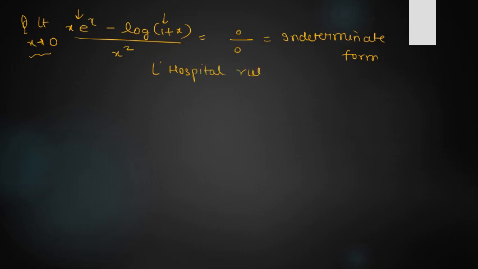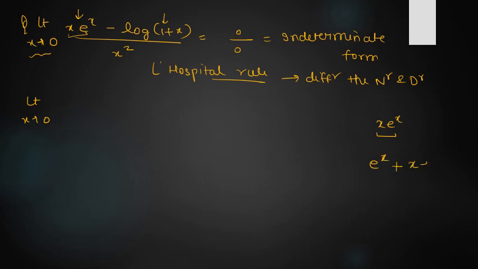So here what we do, you have to differentiate the numerator and denominator both separately. Let's say here you have x e raised to power x, so you know that we can apply the product rule here. Derivative of x is 1, e raised to power x as it is, plus x as it is, times the derivative of e raised to power x, which is e raised to power x only.